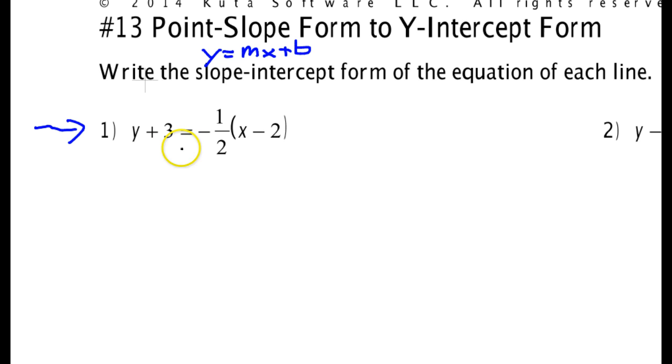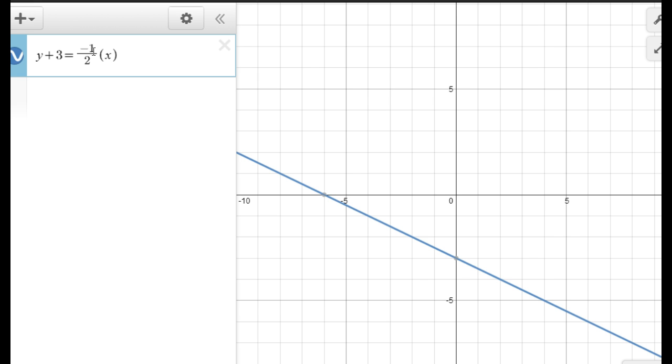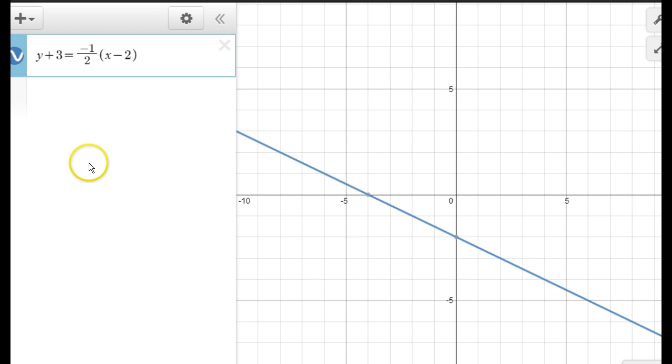So you can see here, let me bring it up actually. I could put in y plus 3 equals negative 1 over 2. I'm just copying it from the... we could have that, right? It still graphs it.